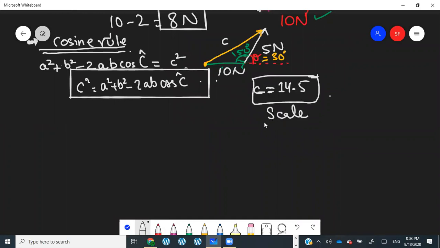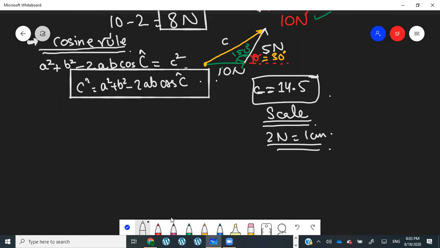If 10 is equal to 2 centimeters, then 5 will be equal to, wait, that's gonna be too small. Let's assume 2 Newton is represented by 1 centimeter, okay?